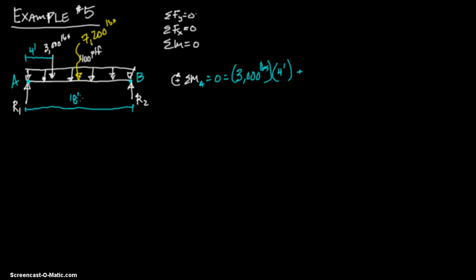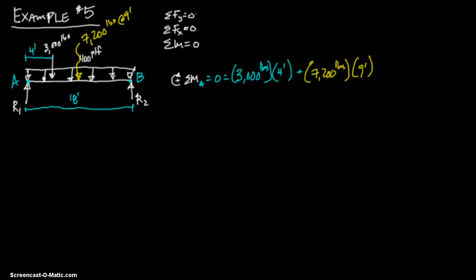And that's at halfway. Halfway is at 9 foot. So let's put that over here. And that's going to induce a positive moment as well. 7,200 pounds at 9 foot.